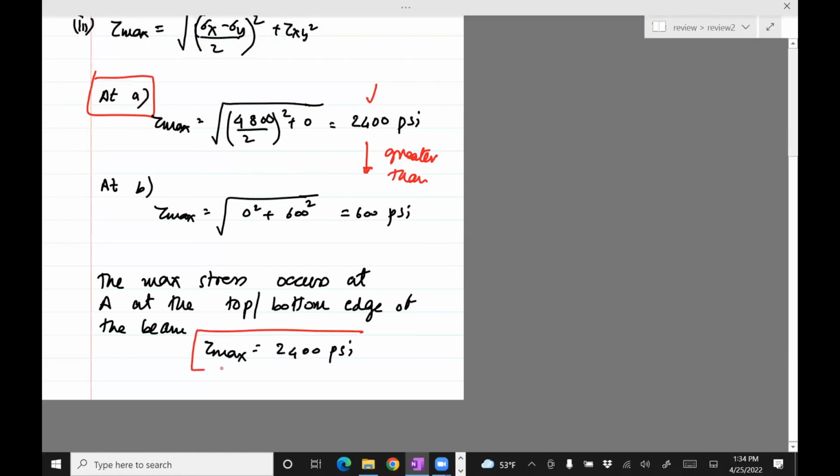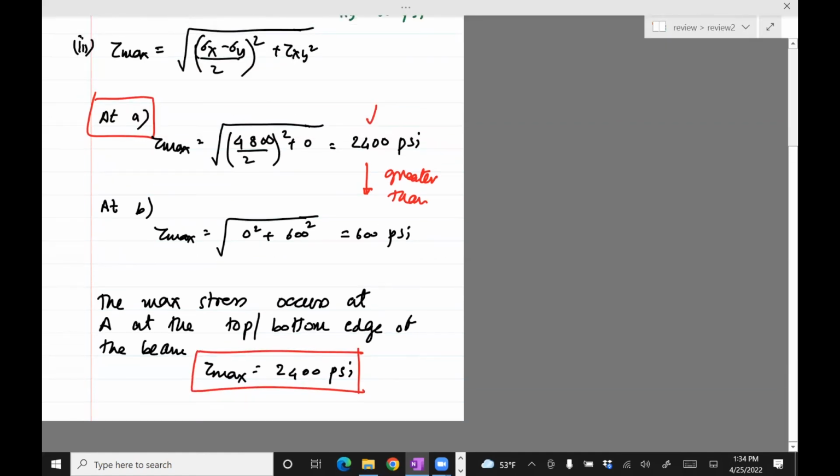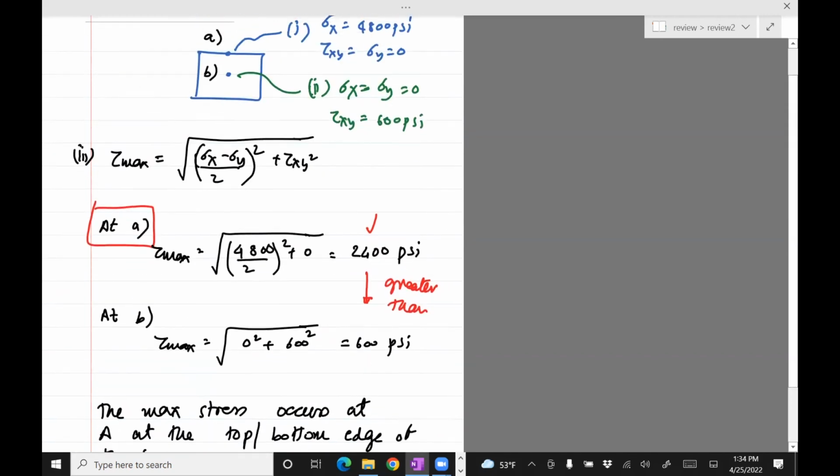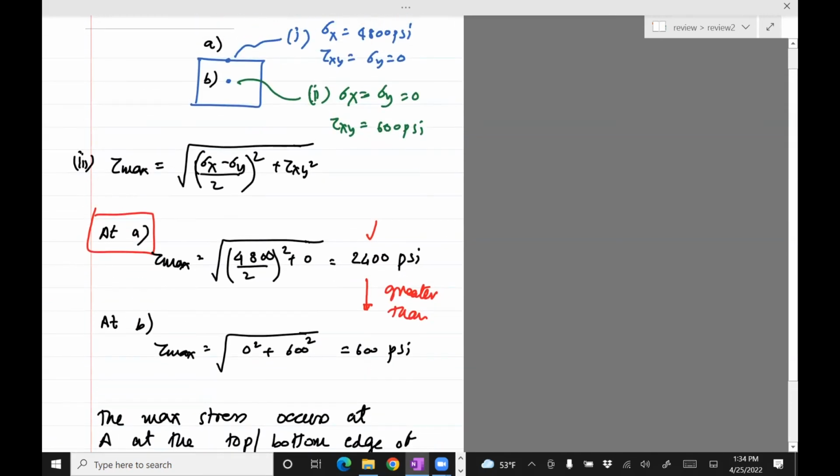Professor, I have a quick question. So in this problem, it was asking for the shear max, right? Tau max, yes. And if we had asked for the sigma max, would we have to do the same thing and just use a different formula? Yes, you'd have to use the other formula for principal stresses and then figure out the maximum. You need to do similar calculations, but for principal stresses.